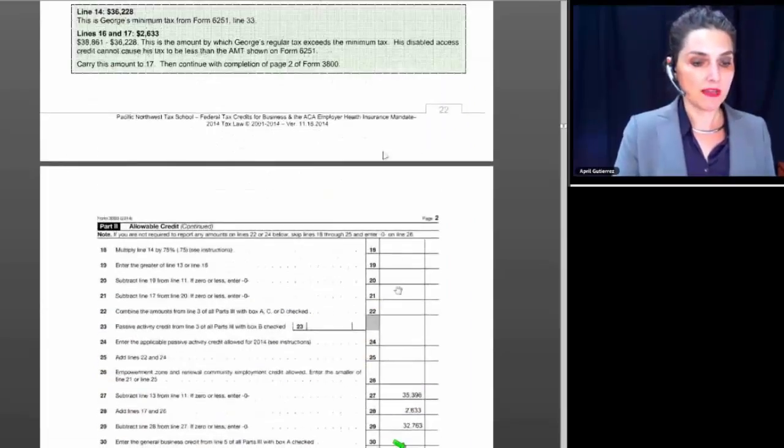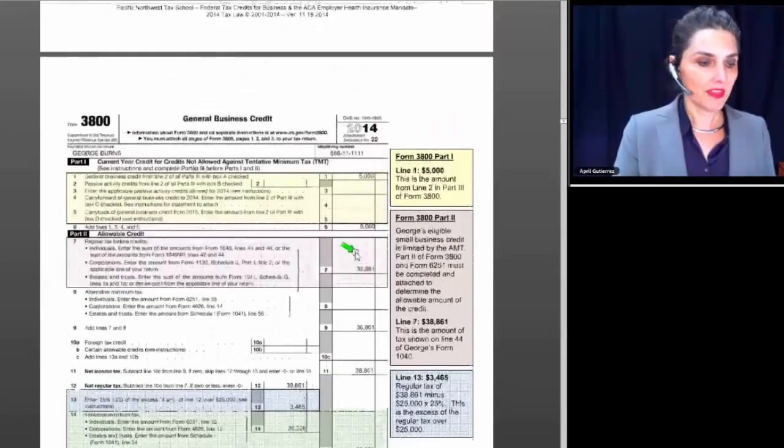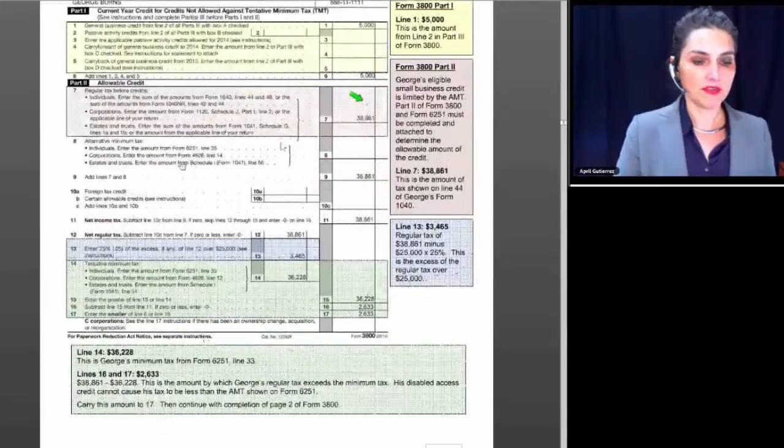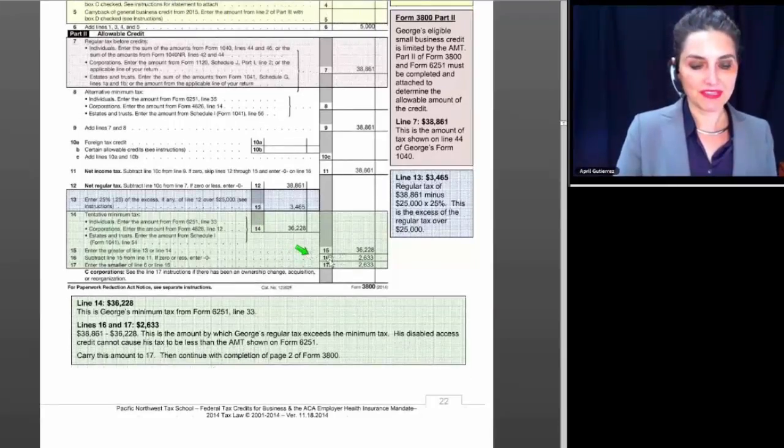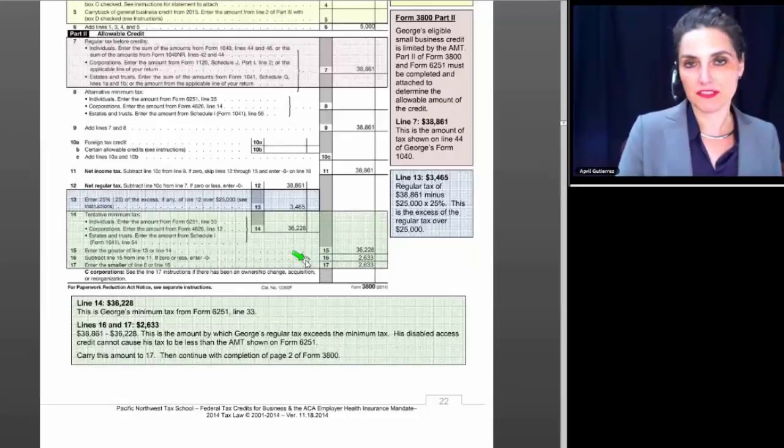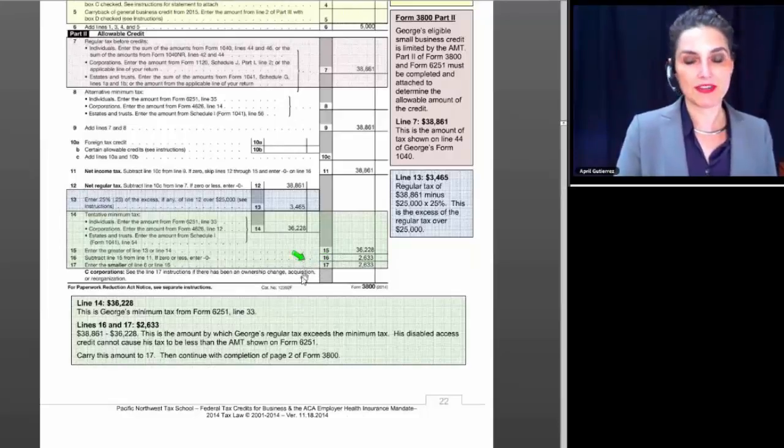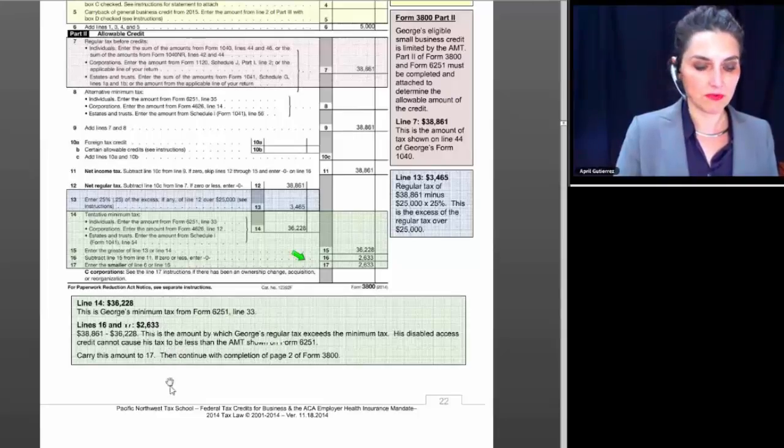So we go back up to page 1 of Form 3800. We enter his federal tax from his personal tax return. We then enter his alternative minimum tax from Form 6251. Ultimately, when we're all done with this, we end up showing that his credit is going to be limited to $2,633, and the instructions tell you to then take that and enter it on the appropriate form.